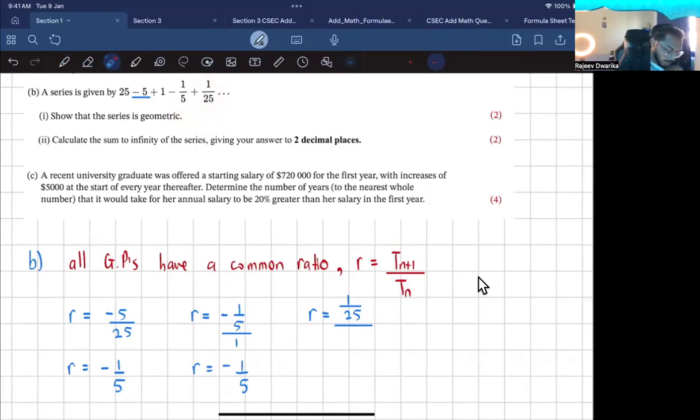Look at this, right? -5 and then divided by 25. So it's always the next term divided by the term that was before it. So if you're using 1 over 25, then you have to use minus 1/5. Right? So plug that into the calculator and let me know what you get.